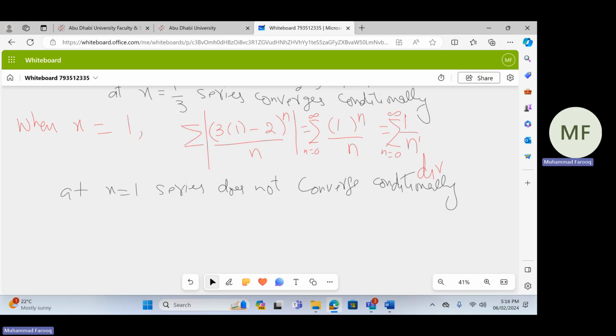It depends on whether you use absolute value or not, and how to check if the series converges or diverges. This is basically the whole story. You understand the bottom line of how to perform this question?